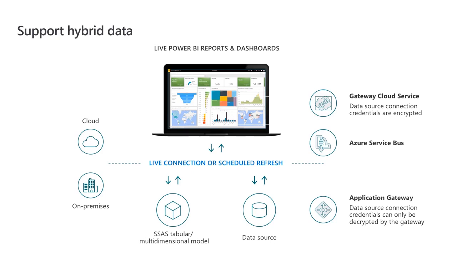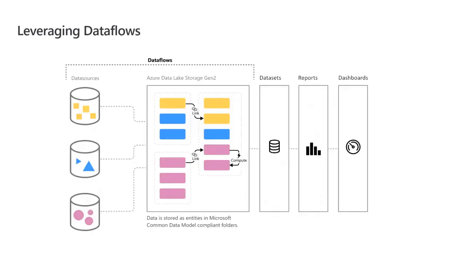Data can come from a variety of data sources. In fact, we'll look at how data flows add a way to take and combine those data sources and bring them in so they can be reused across multiple Power BI reports and dashboards. Normally, when you build a Power BI report or a dashboard, you define the data sets that it brings in. And if you were to define multiple Power BI assets, each one you would start by defining their own data sets, and they would do their own preparation of that data.